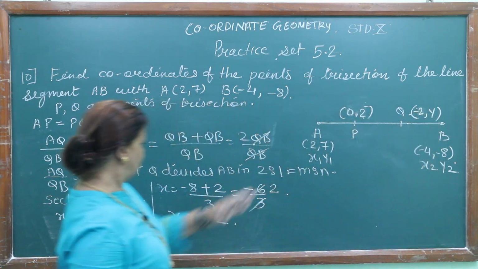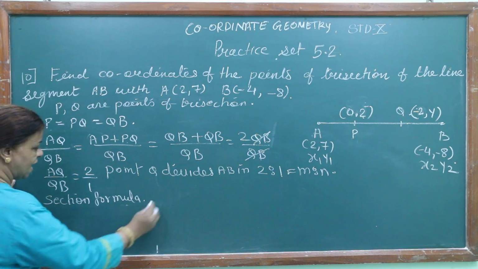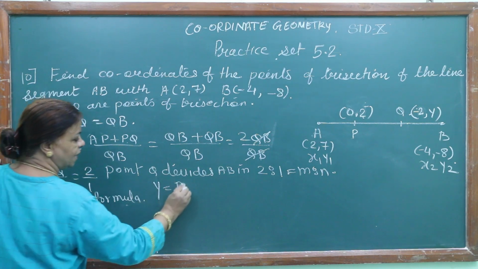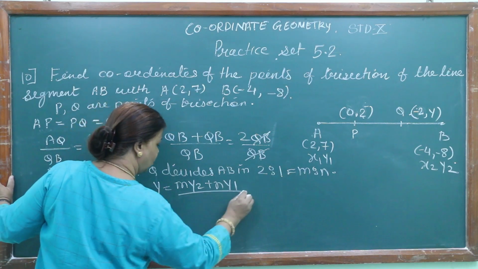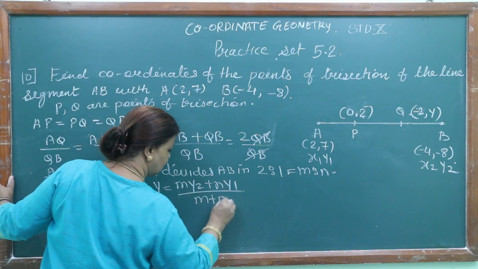Now similarly we can find y. Now y is equal to m y2 plus n y1 upon m plus n.